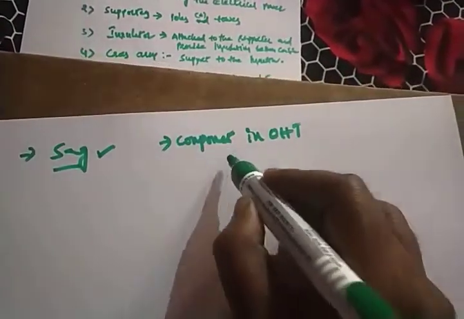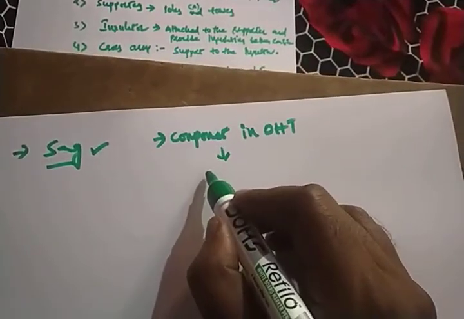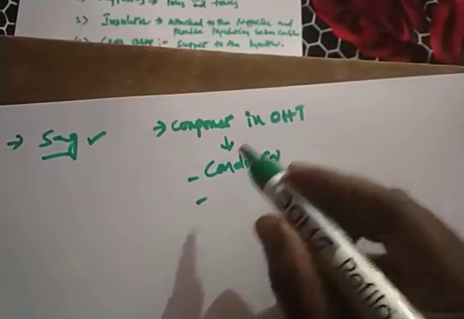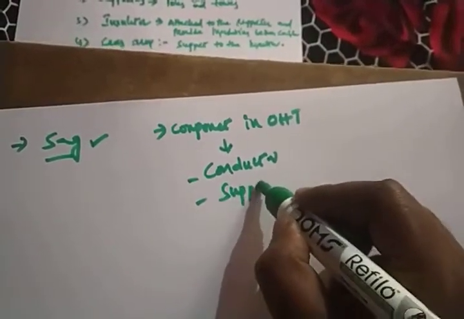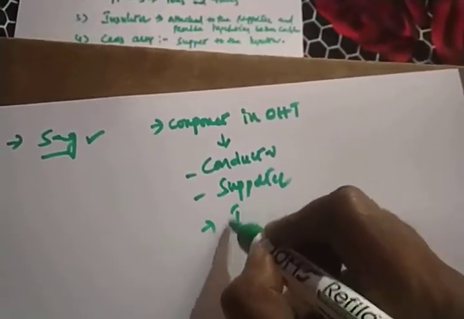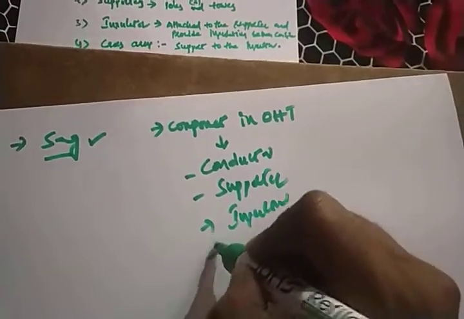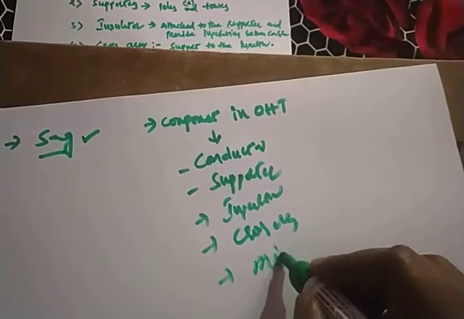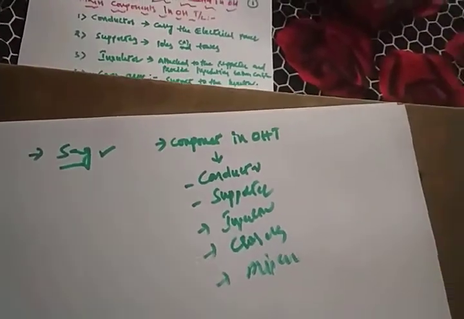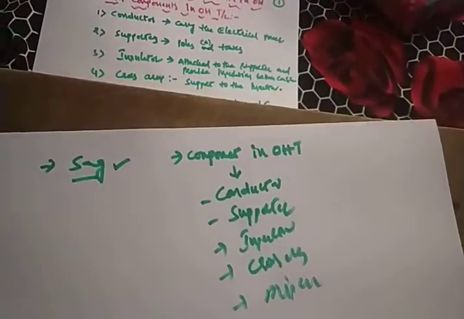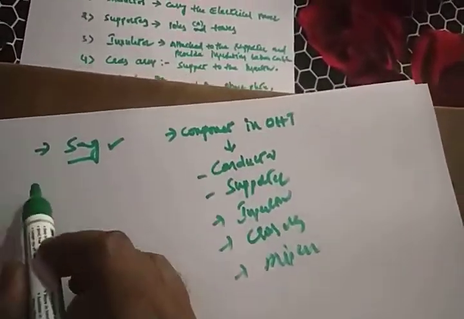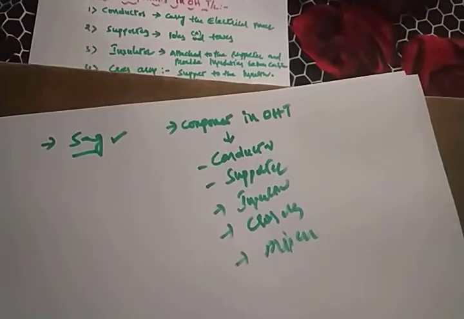Those are conductors, supporters, insulators, cross arm, and some miscellaneous things that we discussed briefly. After that we entered into the sag calculations, and we discussed the definition of a sag.